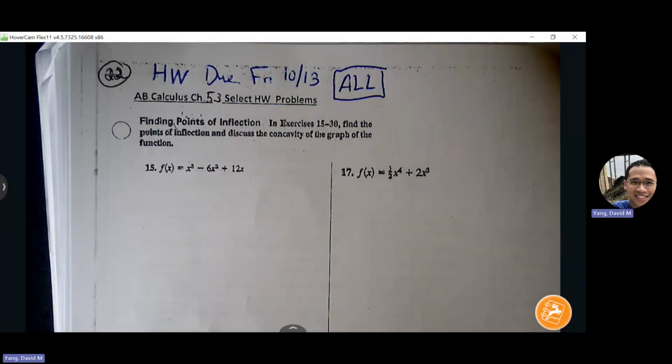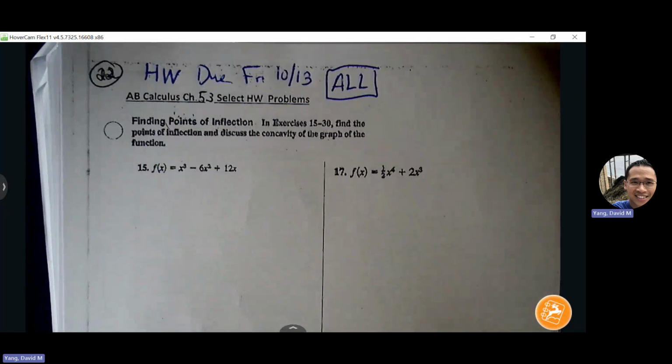Just practice the test for concavity, 15, 17, 19, 21. Is that everything that's going to be on the quiz? Yes, we've covered everything, so we're going to start our review tomorrow.